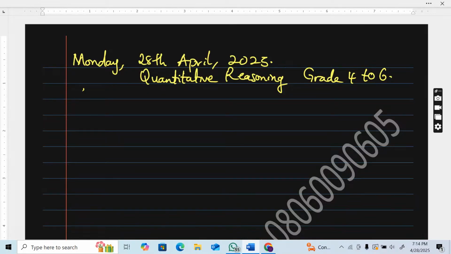All right, so we're going to be looking at these samples of quantitative reasoning. Make sure you pay attention. I want you to look at these samples and study them by yourself. Sample A. Please ensure you draw your diagram in your exercise book.